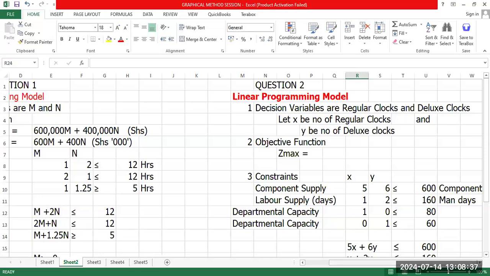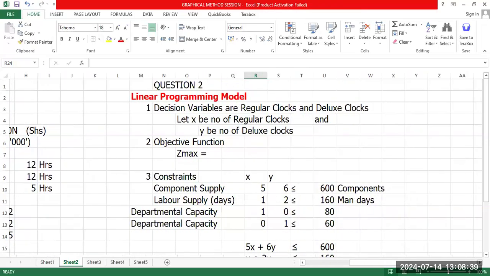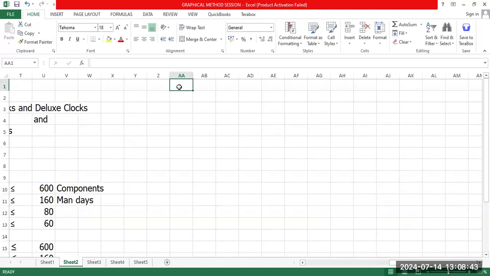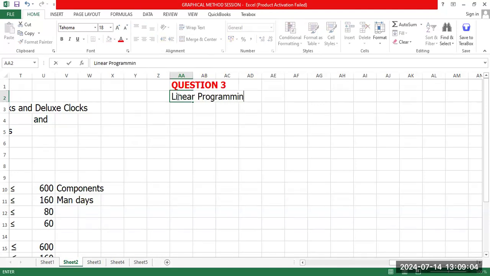So finally, we can look at question 3. And we also form a linear programming model.